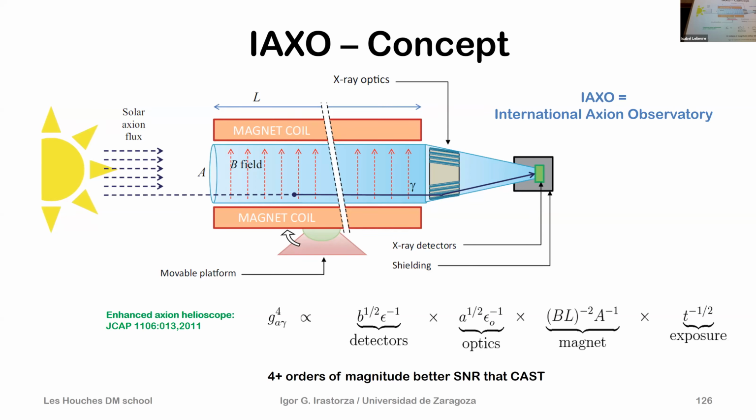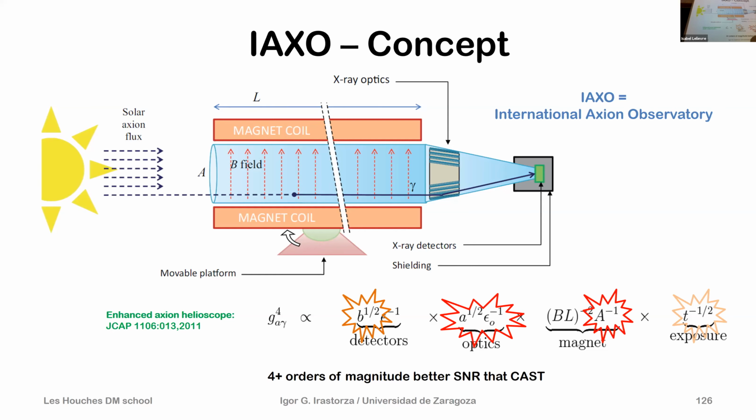So building a completely new magnet that is not recycled, but is built with the figure of merit of axion helioscopes in mind, together with X-ray optics tailored to the axion energies, and also pushing detector technology as much as possible.